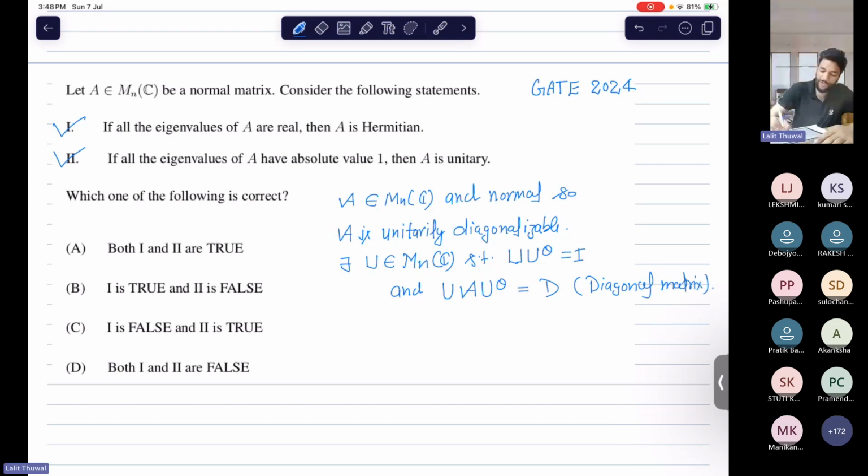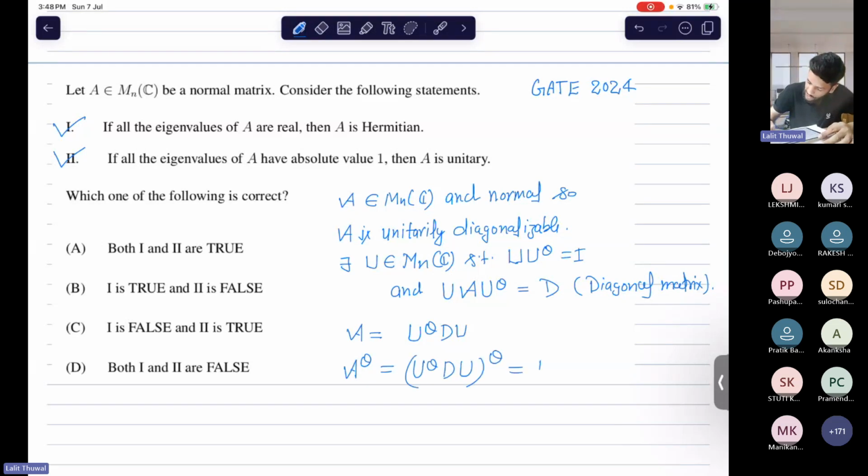So what we are given is that if all the eigenvalues of A are real, then A is Hermitian. So we have A equal to U D U*, right? To check whether A is Hermitian or not, we need to check whether A* is equal to A or not. So A* will be (U D U*)*.